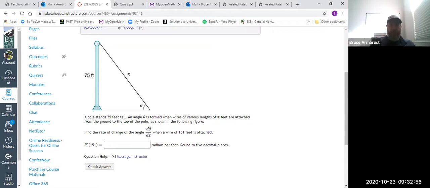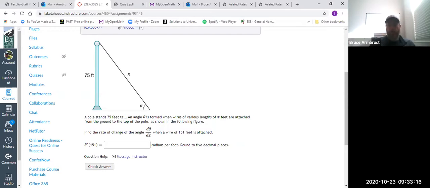An angle theta is formed when wires of various lengths of x feet are attached from the ground to the top of the pole as shown in the figure. Find the rate of change of the angle, d theta dx, when a wire of 151 feet is attached.